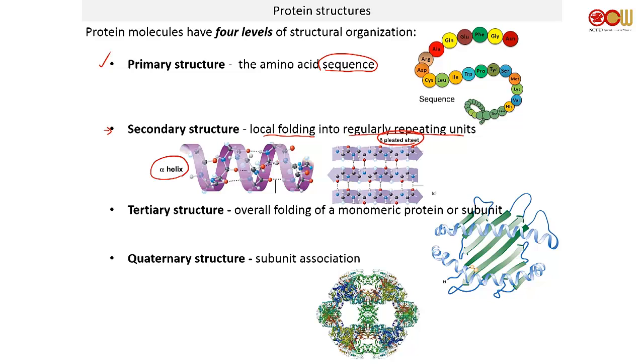Tertiary structures we'll also talk about. That's the overall folding of a monomeric protein or subunit. But we will not get into a lot of detail regarding tertiary and quaternary, because they are very specific. They have different names, different motifs. If you take a more advanced biochemistry course, we'll talk about those.